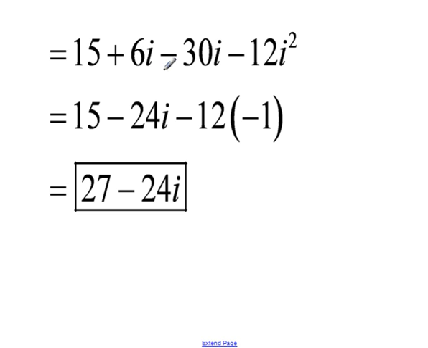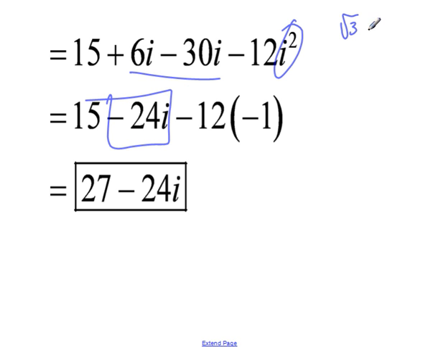So this is just all our stuff written out from that box, our two middle terms that we're going to combine together and make this here. Now what's different is i squared. Just like yesterday, how we were looking at square root of 3 times the square root of 3. The square roots cancel and make a 3. The same thing's going to happen here. Square root of -1 times the square root of -1 is going to make -1. Well, what's i? i is the square root of -1.